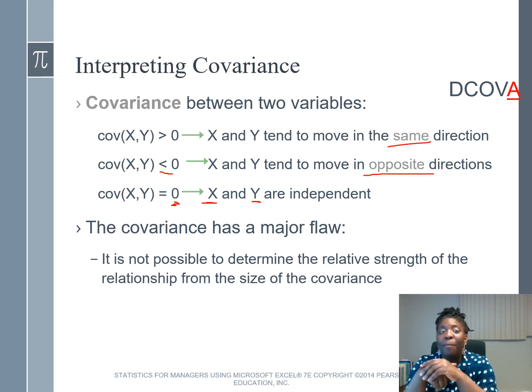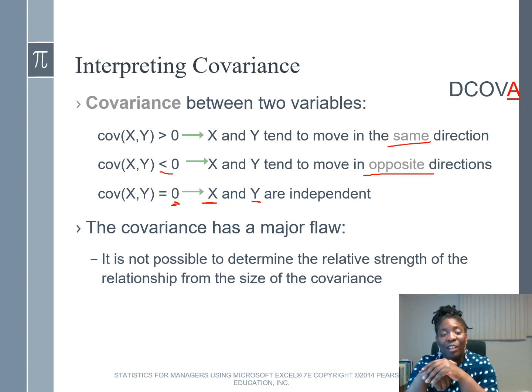The covariance has a major flaw. It helps you determine direction, but not the relative strength. If you're looking at two covariances for two different samples, you don't know which one is stronger.